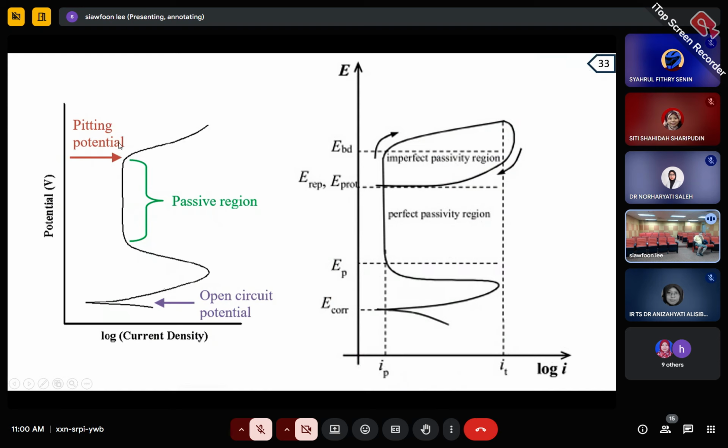Even on top of the surface you don't see corrosion, but actually there is, it just goes deep inside, like what I explained in my previous slide about the types of corrosion. When you try to force the applied potential to go back, you can see the curve will go down like this, which means they try to impede the corrosion from happening. Then the curve will go in this way.